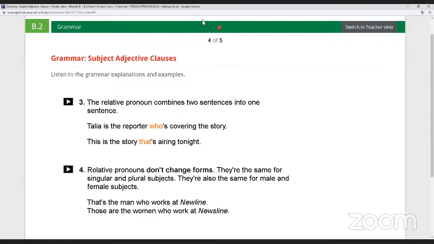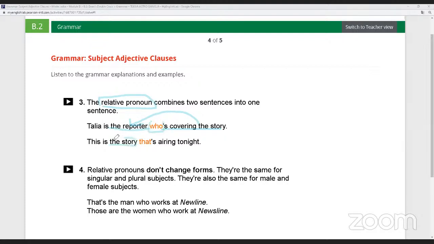This is the adjective clause where we're going to find more information about the subject, okay? And the question, how do I know what relative pronoun I have to use? It depends on the subject. I'm talking about Talia, the reporter, so it's a person, so I have to use who.